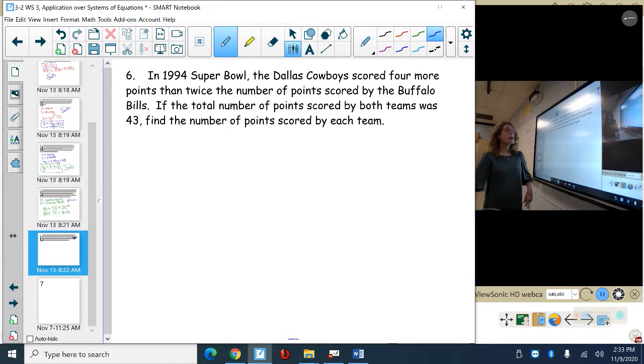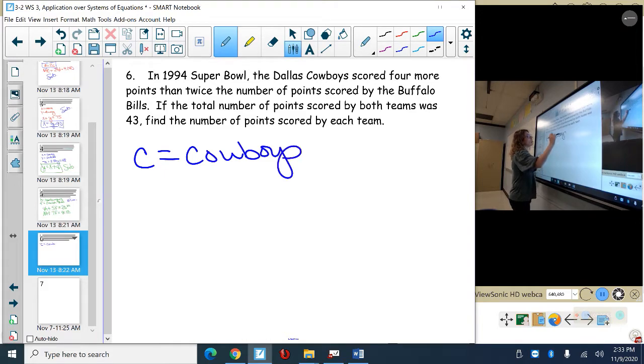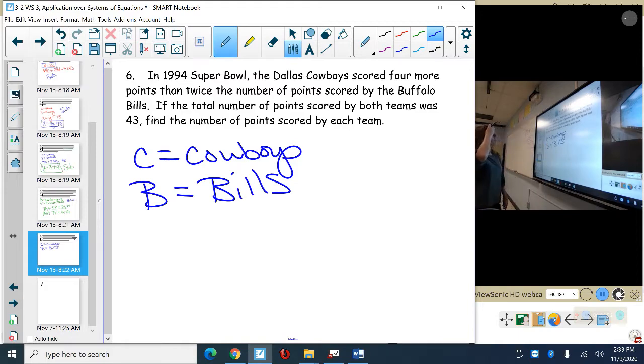Last problem. In the 1994 Super Bowl, the Dallas Cowboys scored 4 more points than twice the number of points scored by the Buffalo Bills. If the total number of points scored by both teams was 43. Okay, so we have Dallas, we have C for the Cowboys, and B for the Bills. Yes? And it said that the Cowboys scored 4 more points than twice the number of points scored by the Buffalo Bills.